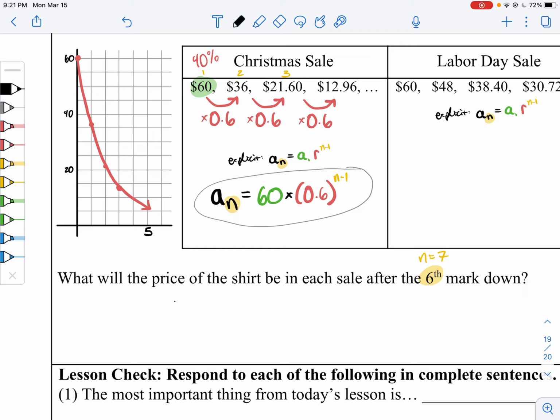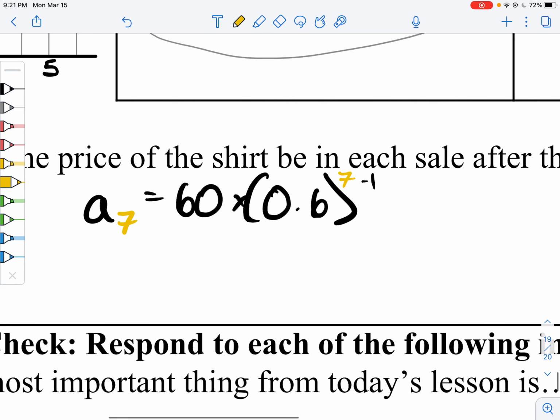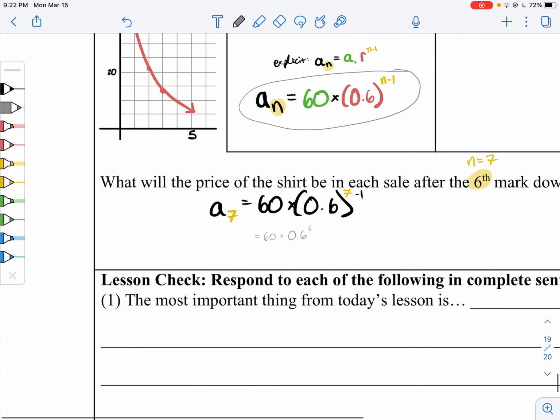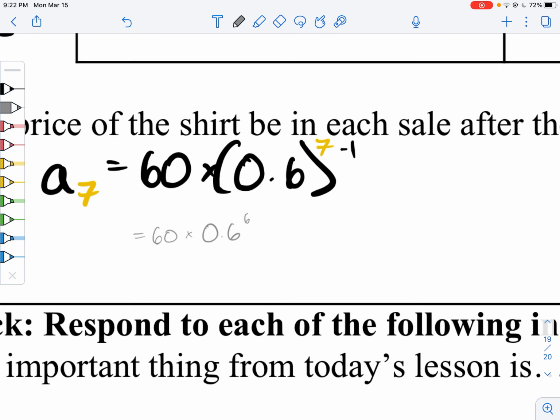So A sub 7, our 7th term, is 60 times 0.6 to the n-1th power, but we're finding the 7th term. So we plug 7 in there, and you notice right away that becomes 0.6 to the 6th power because it's after the 6th mark down. So that's how that works out nice.